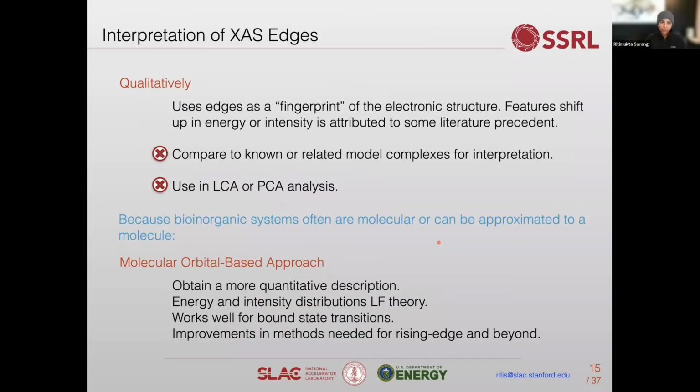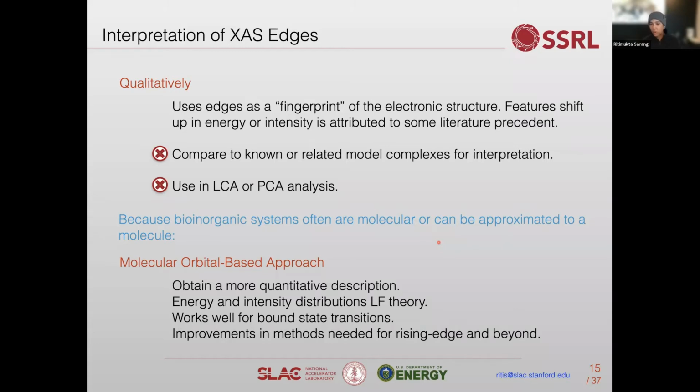Now, the XAS edges are qualitatively analyzed by most people. We use the edges as fingerprints of the electronic structure, and we say, okay, a feature shifts up in energy or intensity is attributed to some literature precedent. That's what we do. We also use other methods which are a little bit difficult to apply to biological systems, such as comparing to known or related model complexes.